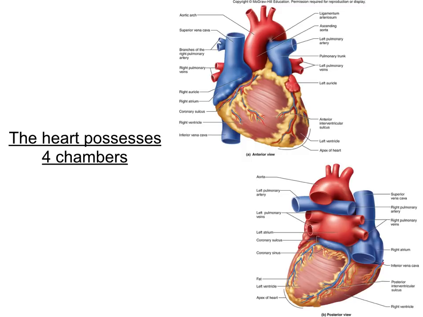So, at birth, when the now infant takes its first breath, the foramen ovale closes. And over time, it's going to be transformed into something called the fossa ovalis. The fossa ovalis is a depression in the interatrial septum of the adult heart. And for the most part, all it does is mark where the foramen ovale used to be in the fetus.